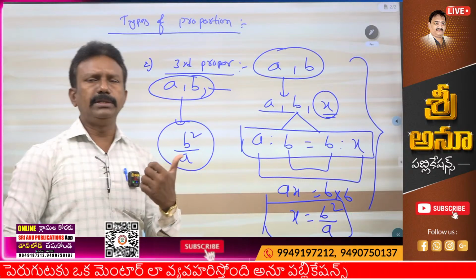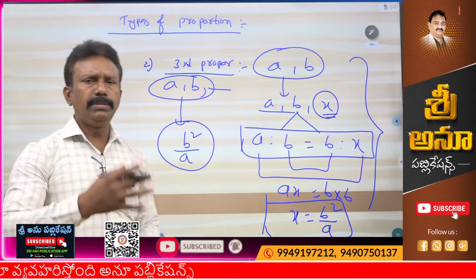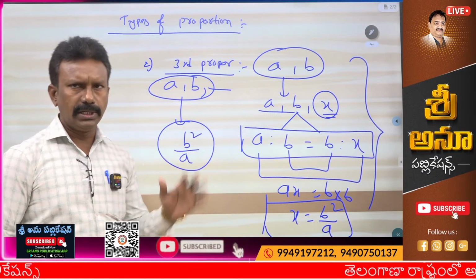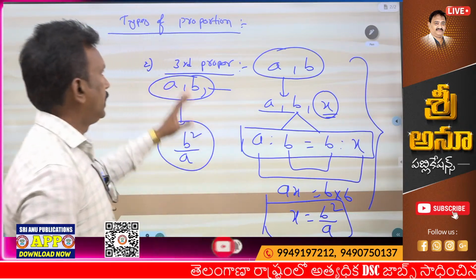So similarly, what is the meaning of mean proportion of A, B? Mean proportion of A, B is simply square root of AB, and third proportion of A, B is B square by A. And one more point is there. Types of proportions.